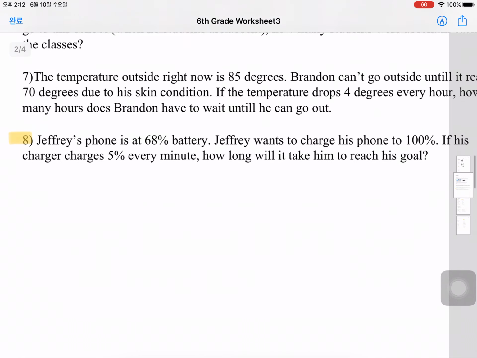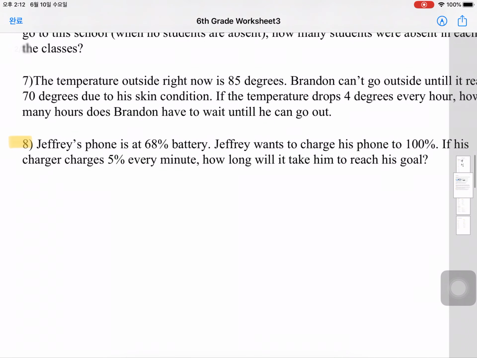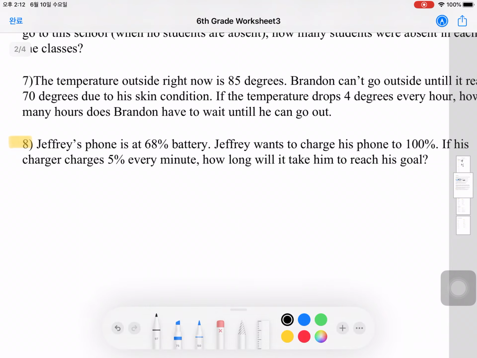Next word problem is number 8. Jeffrey's phone is at 68%. Jeffrey wants to charge his phone to 100% if his charger charges 5% every minute. How long will it take him? So some key points: it's at 68 right now. He wants to get it to 100%. It charges 5 every minute.